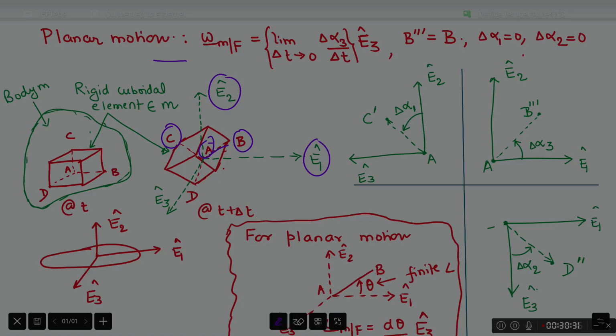Since point B will always remain in the plane of A, E1 and E2, the projection B triple prime that we talked about earlier will be nothing but B itself. B triple prime is coinciding with B. And C prime will be non-existent.